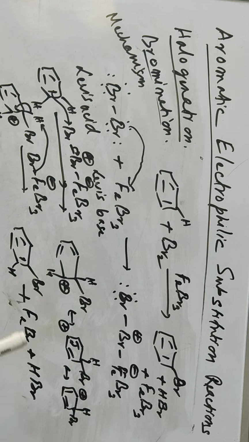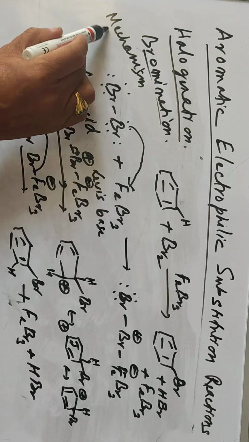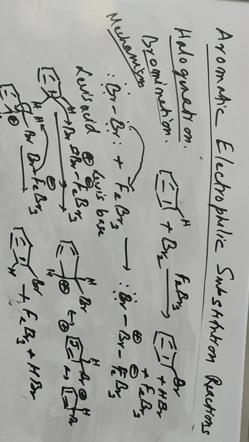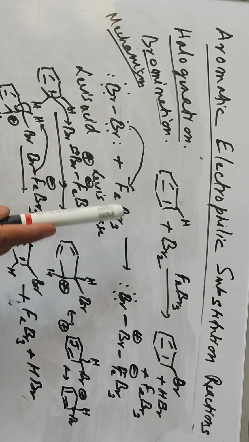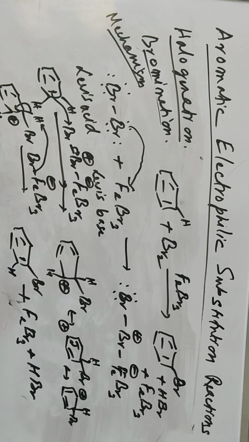Okay, hello. So the mechanism of the bromination reaction: the first step is the Lewis acid-base reaction of bromine with ferric bromide to form a species which is a weak base. Then this species is attacked by the benzene ring and bromination takes place.